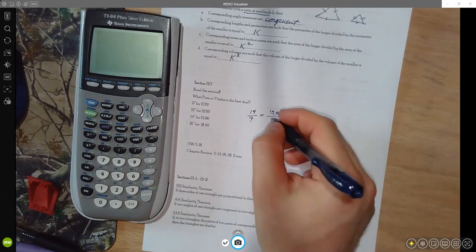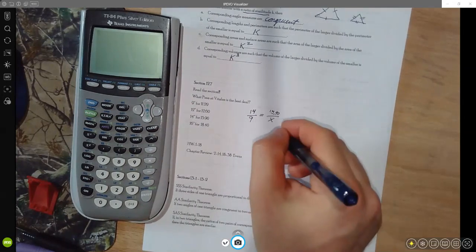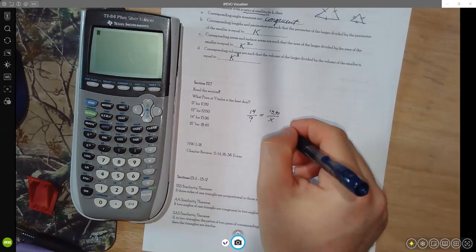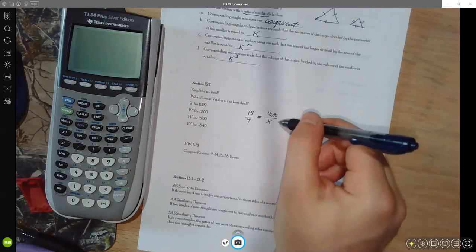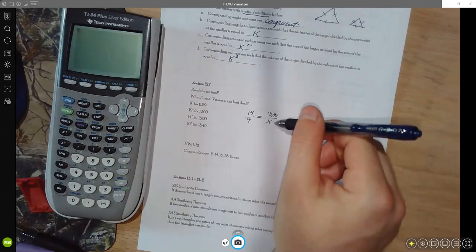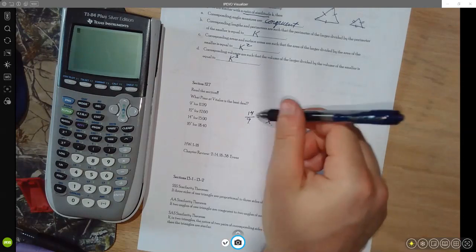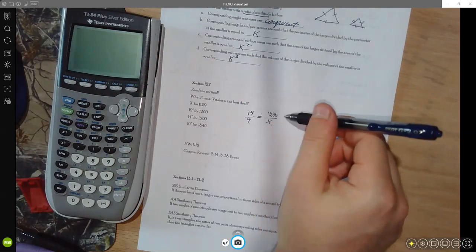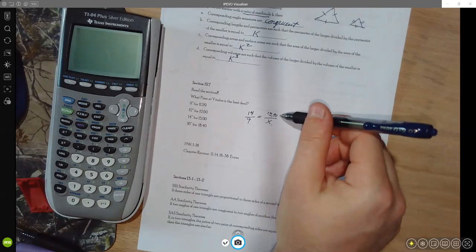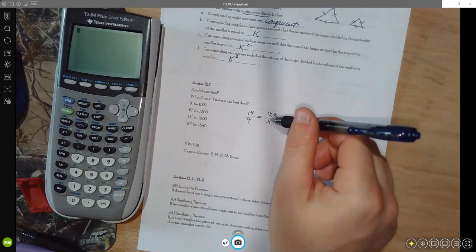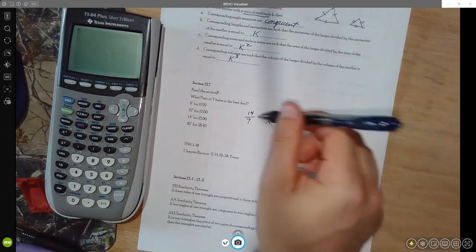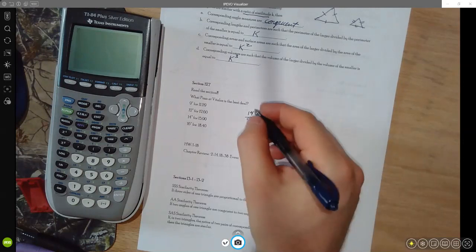And you might think, oh, I can just set up a simple ratio like this, where I can find X, and X would be what the 9-inch pizza would cost if it was at the same cost equivalency as the 14-inch pizza.